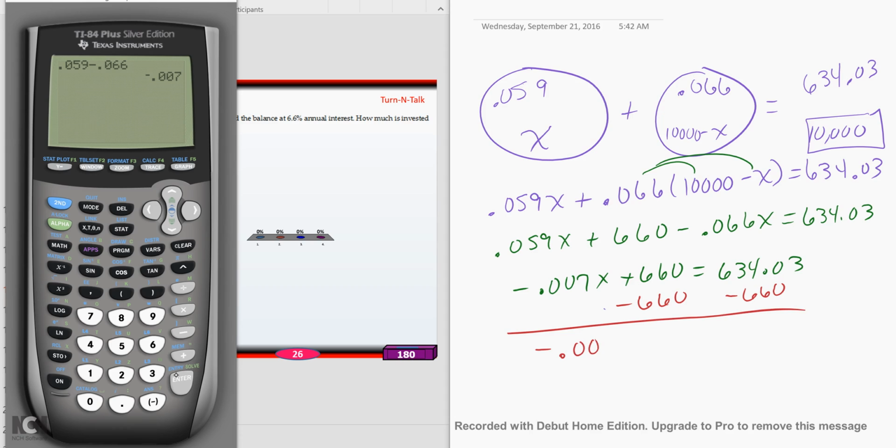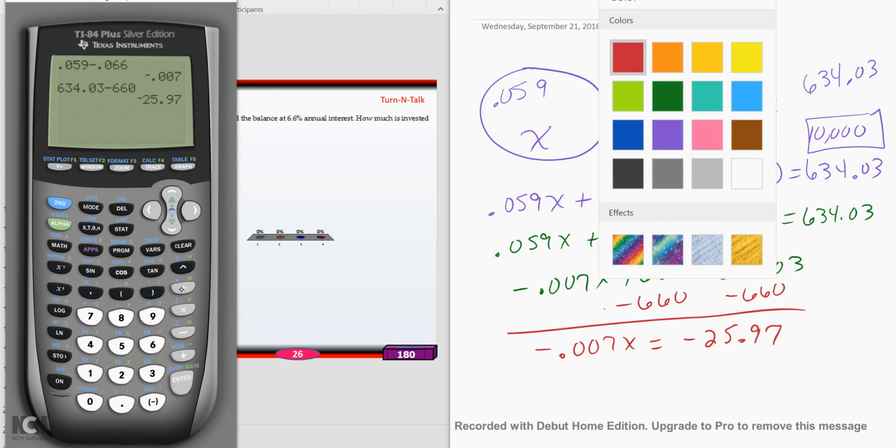I get negative 0.007x equals 634.03 minus 660, which gives me negative 25.97.